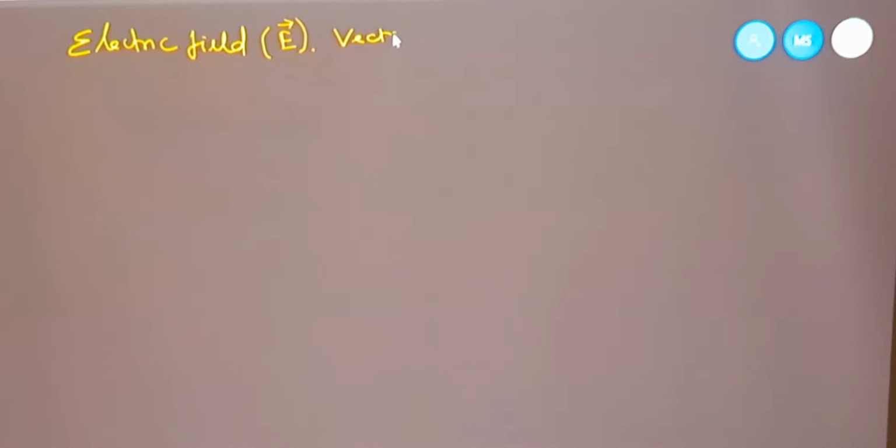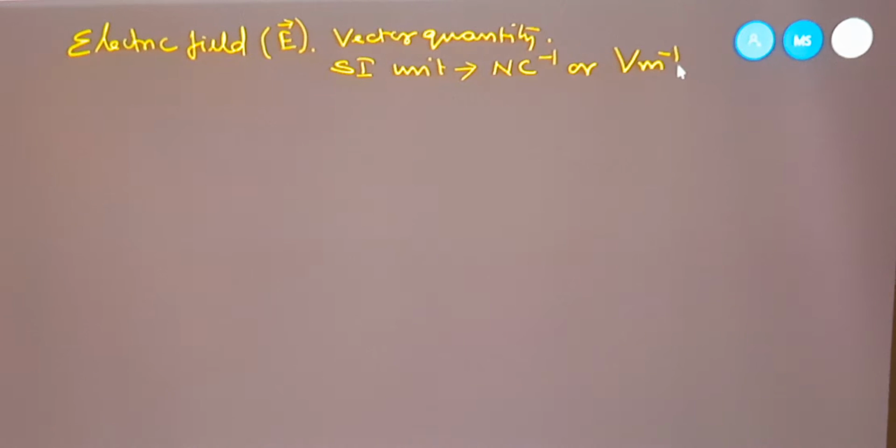It is a vector quantity, and its SI unit is Newton per coulomb or volt per meter. Let us see how you get this later on. Just a small concept regarding the electric field.